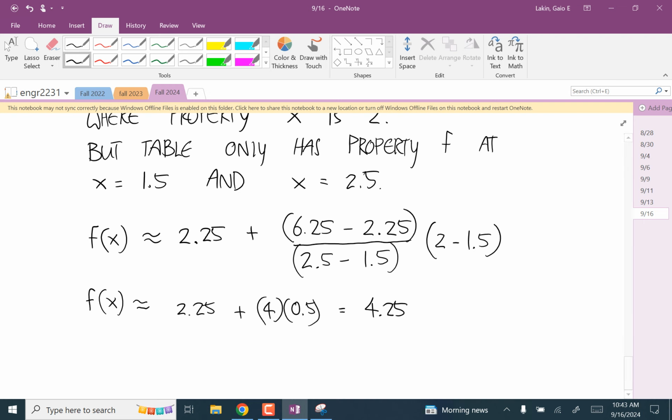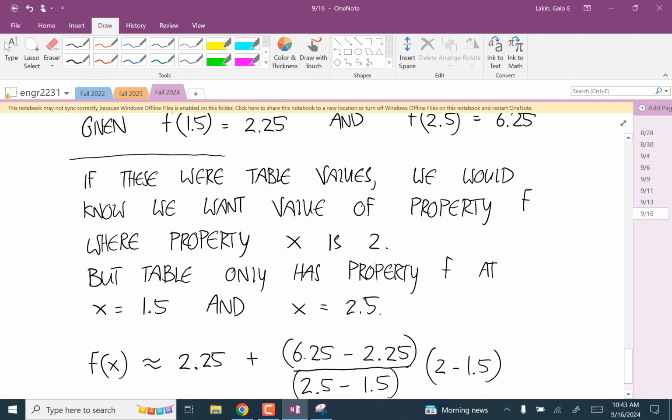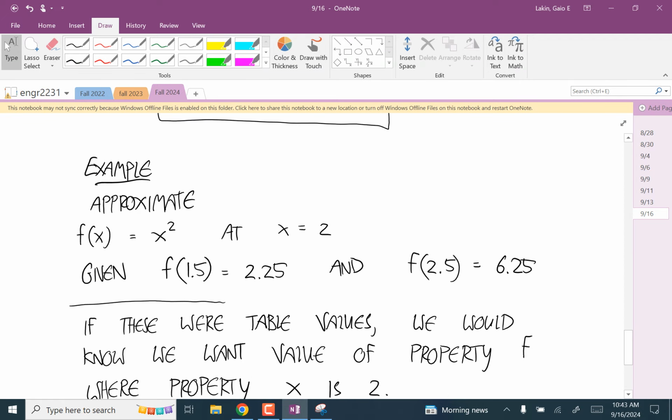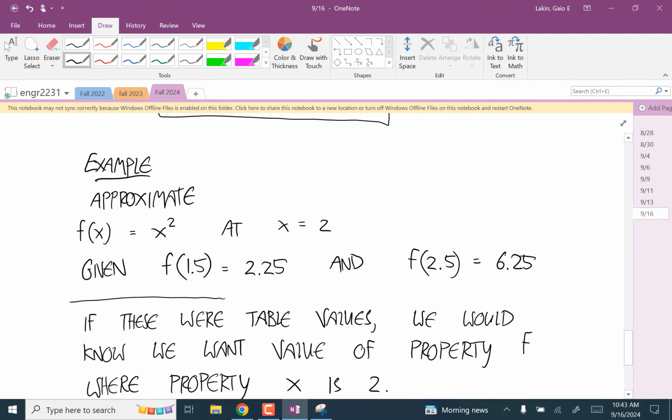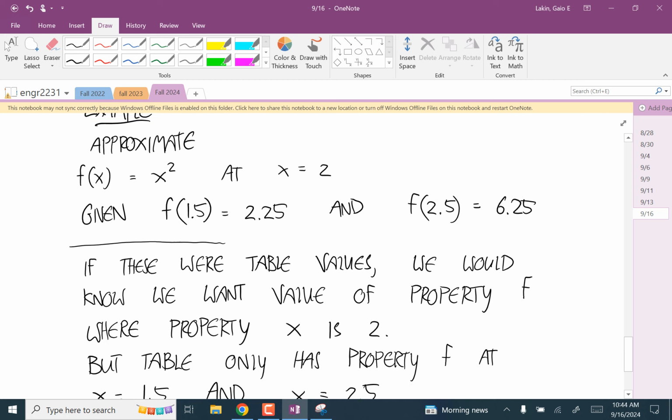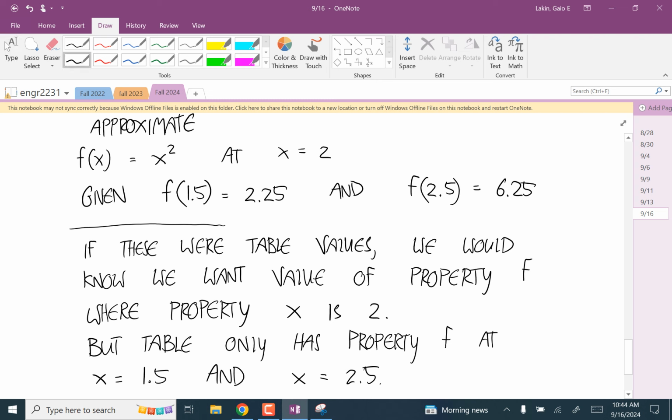Since we're doing this with a mathematical function where we actually have access to the true value, you can see that the true value should be 4. We got 4.25 as an approximation, which is quite a bit better an approximation than either of those two endpoint values, 2.25 or 6.25. So you can see the benefit of doing this linear approximation rather than just choosing the closest value you have.